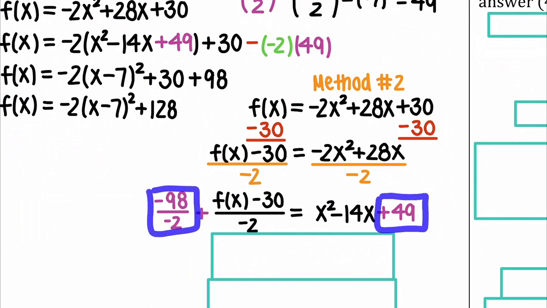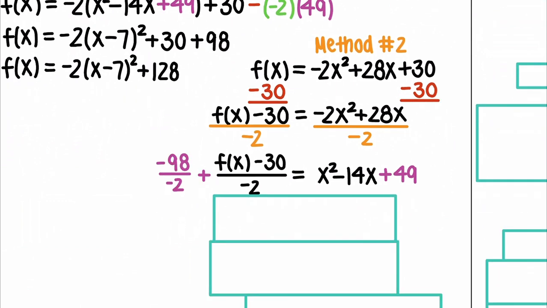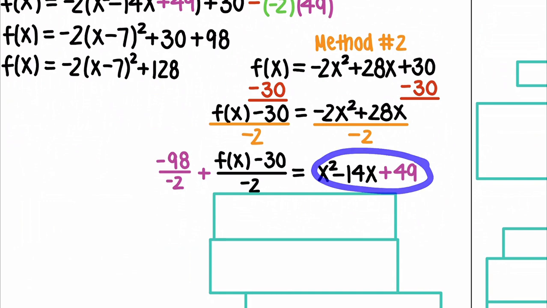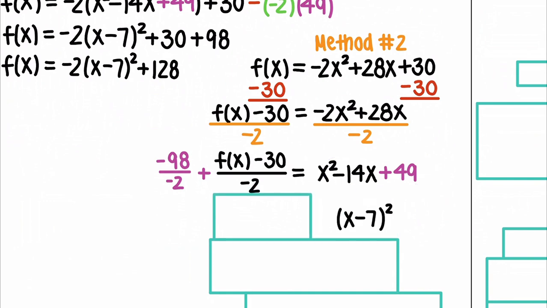So even though it looks different, we're technically adding the same value on both sides of the equation to maintain equivalence. And then from here we can factor the right side, and that will give us x minus 7 squared. And then on the left side, we can combine like terms since the denominators are now the same. So we have negative 98 and negative 30, and combining that gives us f of x minus 128 all over negative 2.